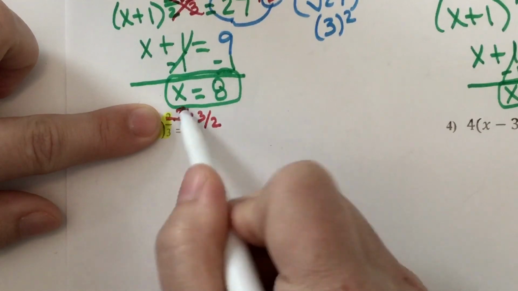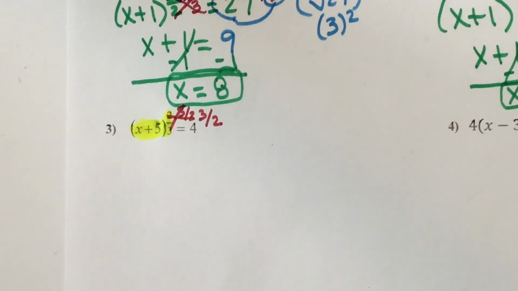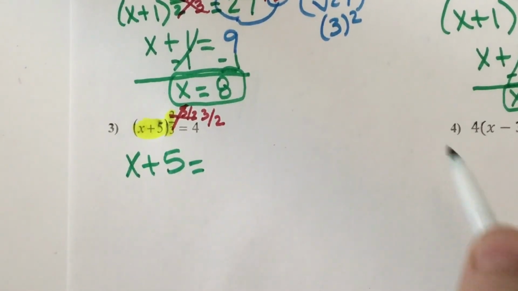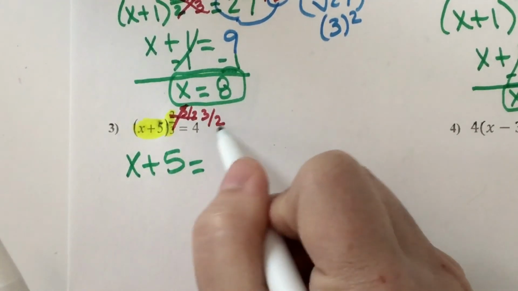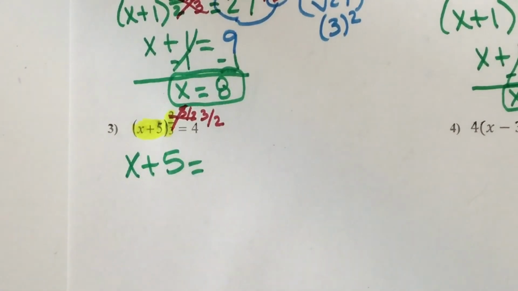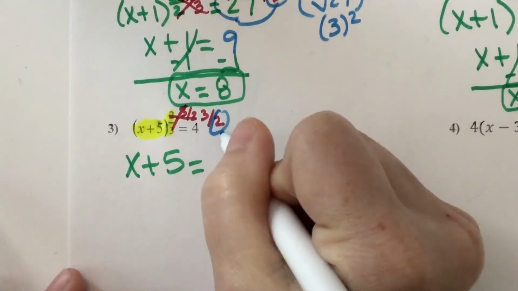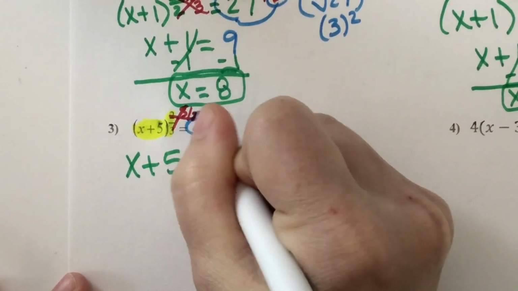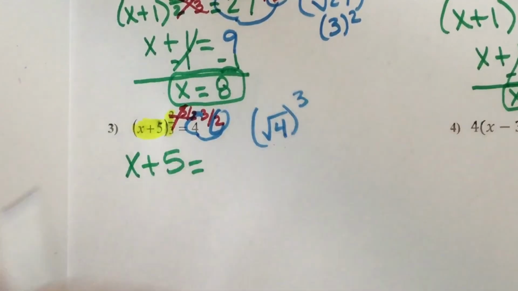So this side, shoop, shoop, that goes away. All you're left with is x plus 5. And this side, I need to go around the world. So this is telling me to take the square root of 4 and raise it to the 3rd power. Am I taking an even root this time? Yes, I am.